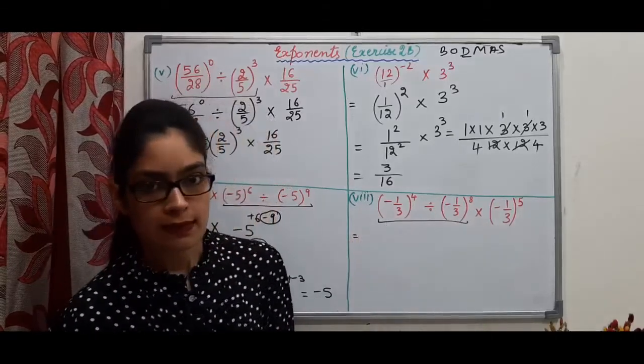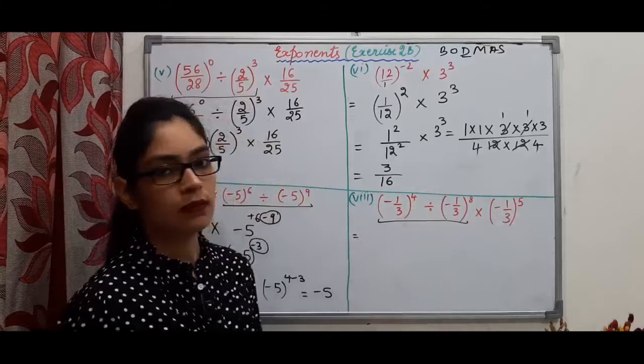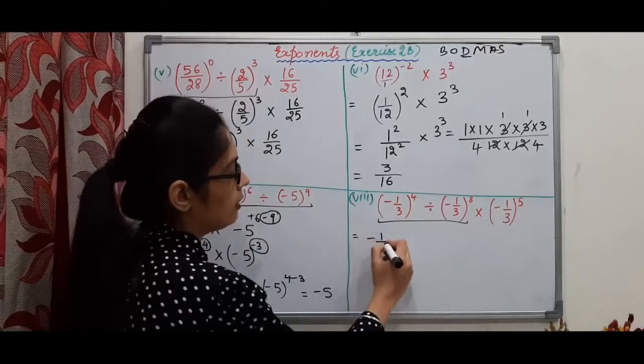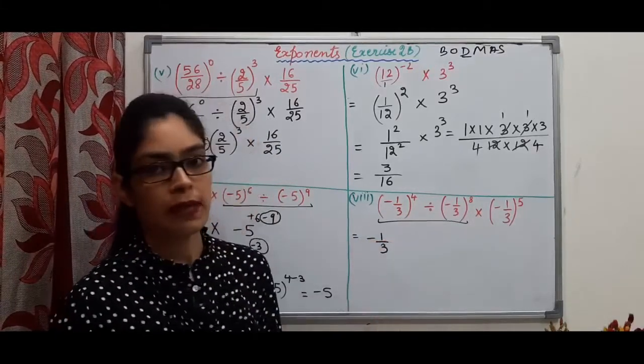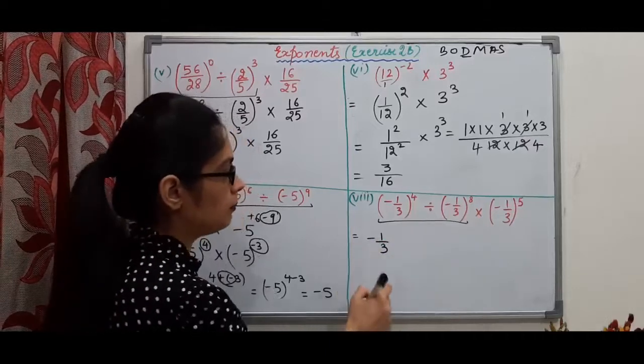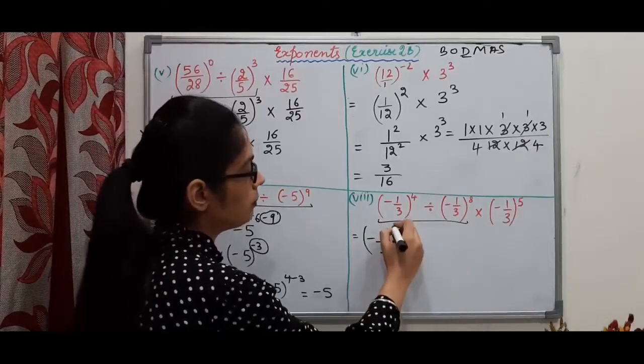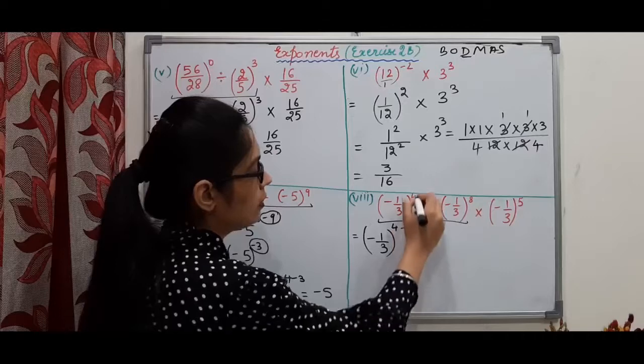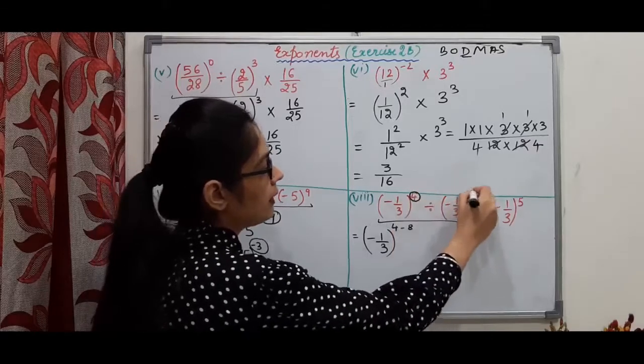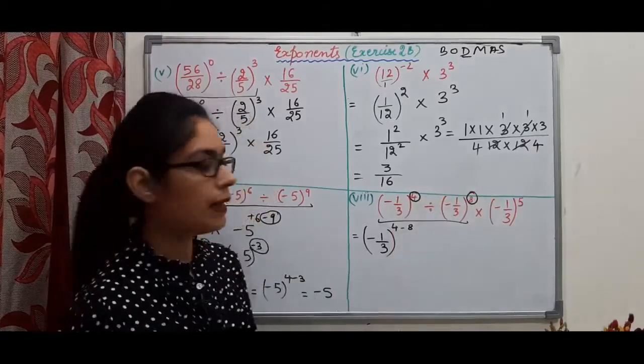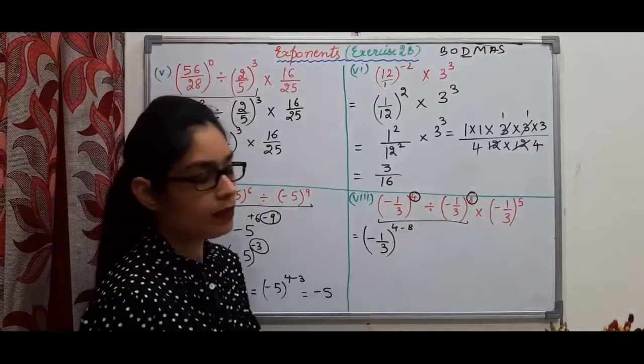When the bases are the same and they are getting divided, we have to apply the quotient rule. Base we will write one time, minus 1 by 3, and we have to subtract the powers. So 4 minus 8, its power is 4, its power is 8. So 4 minus 8 directly we can do.